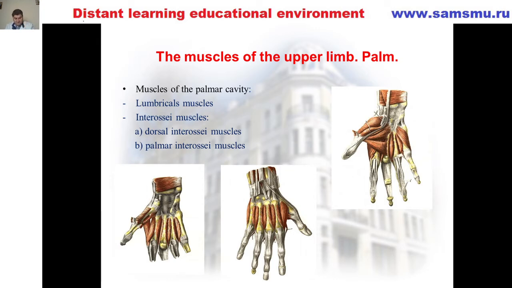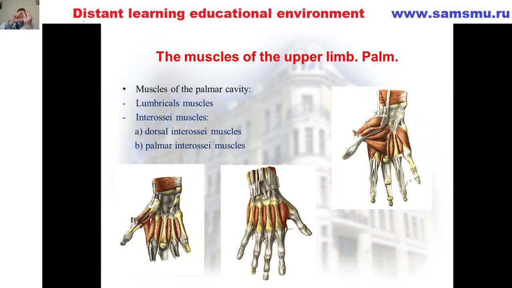They attach to the dorsal tendinous expansion of the extensor digitorum on the index, ring, and little fingers. Four dorsal muscles are abductors. They converge toward the third metacarpal bone and attach to the index, middle, and ring fingers. So you may see the movements of the dorsal interosseous muscles.